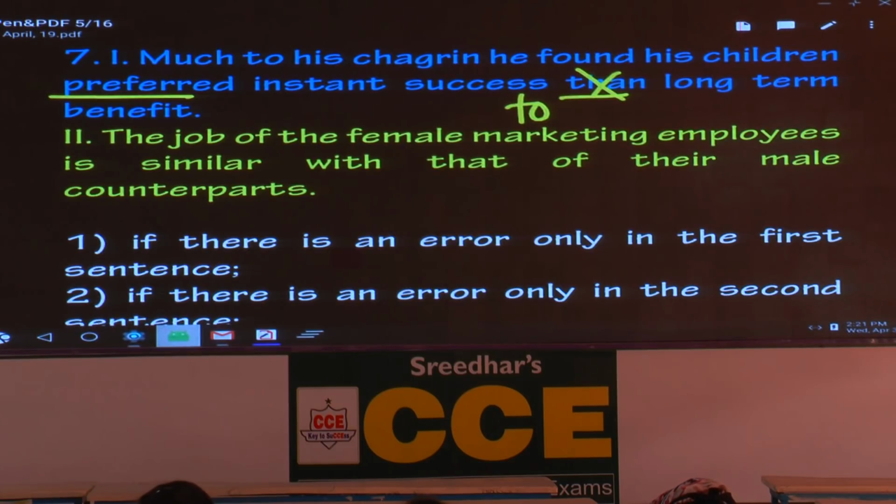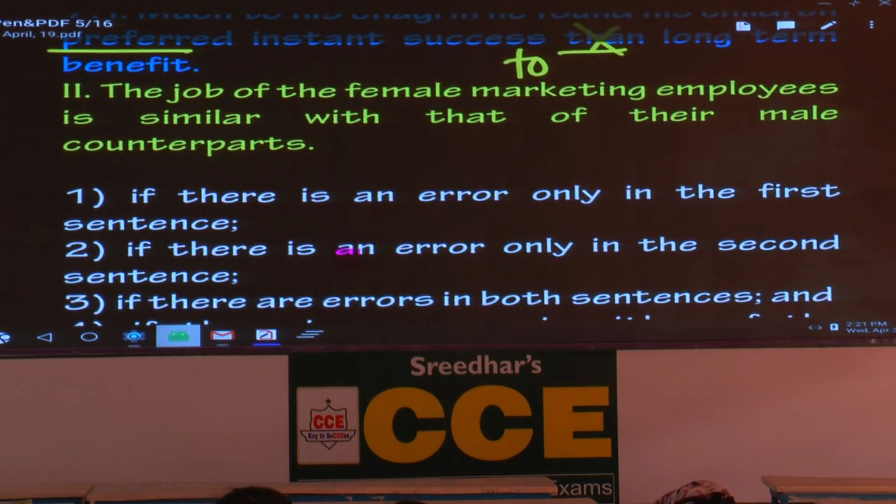What is the second sentence? The job of the female marketing employees is similar with that of their male counterparts. First you underline the word counterpart. Means same position. Today if you go to the IT sector, they use this word quite often.